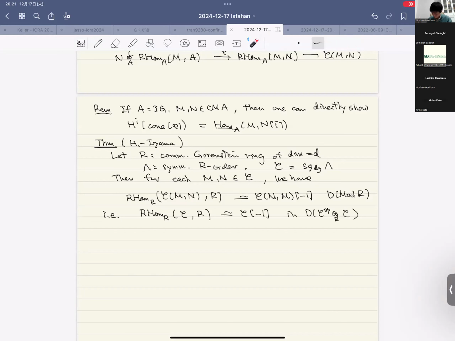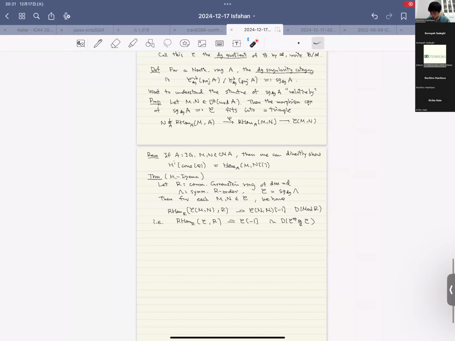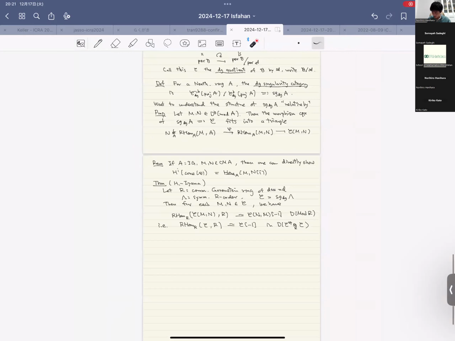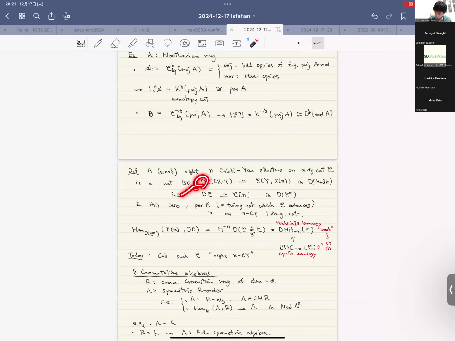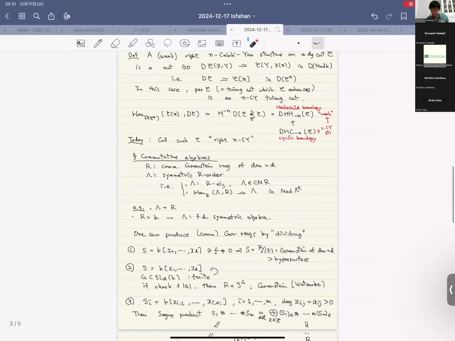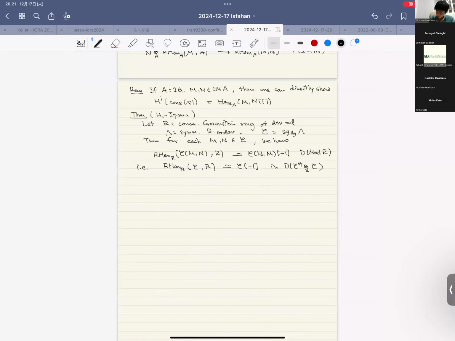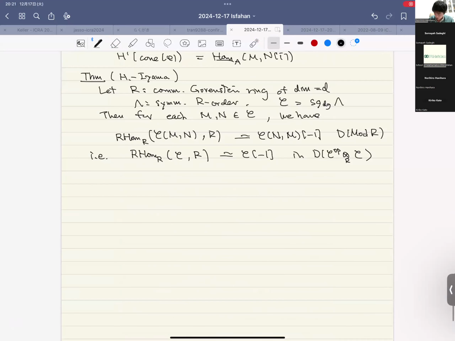So we have this R-dual, which might look a bit different from what we wanted to show, namely the K-dual. But if we assume that Lambda is an isolated singularity, we can replace this R-dual by the K-dual.